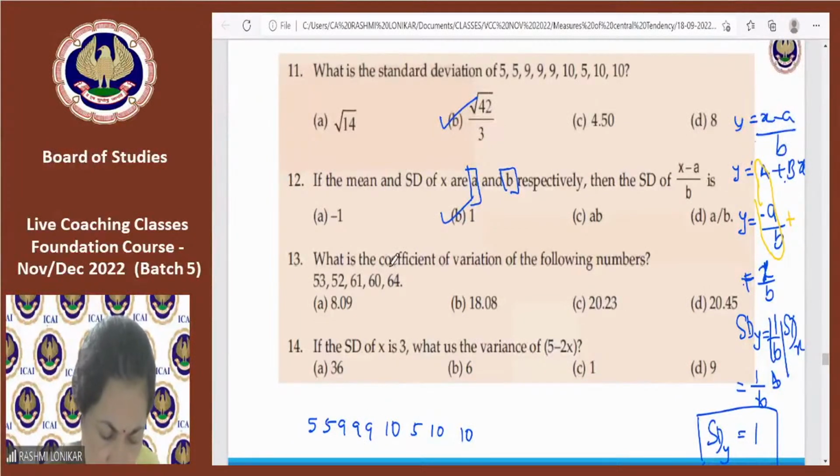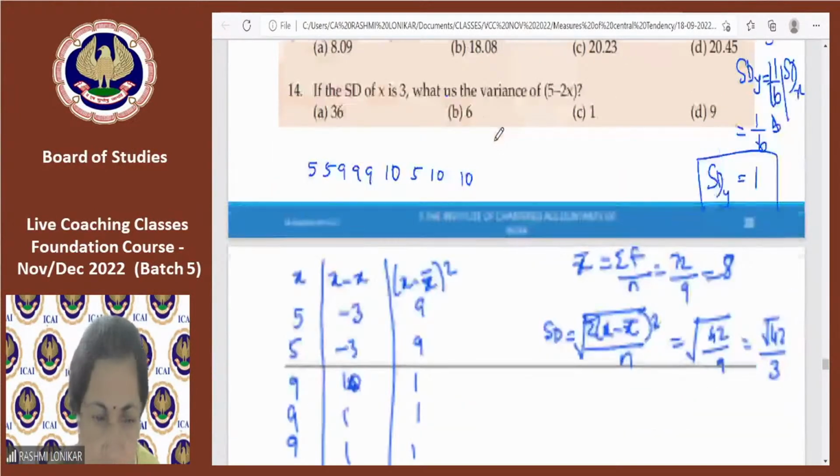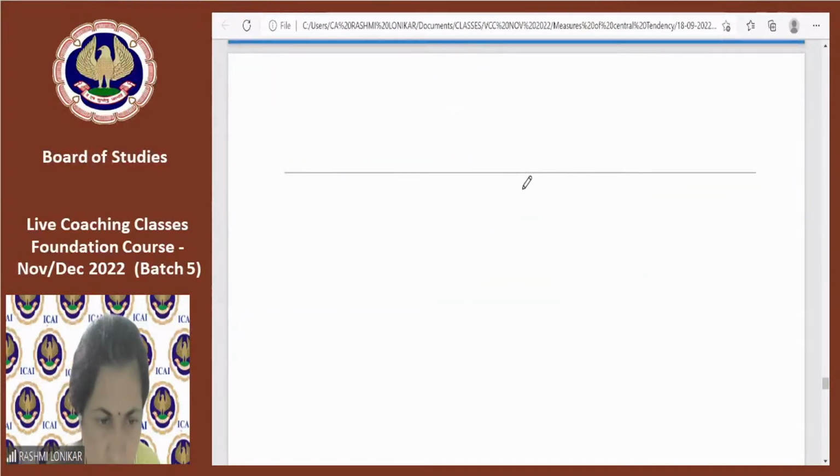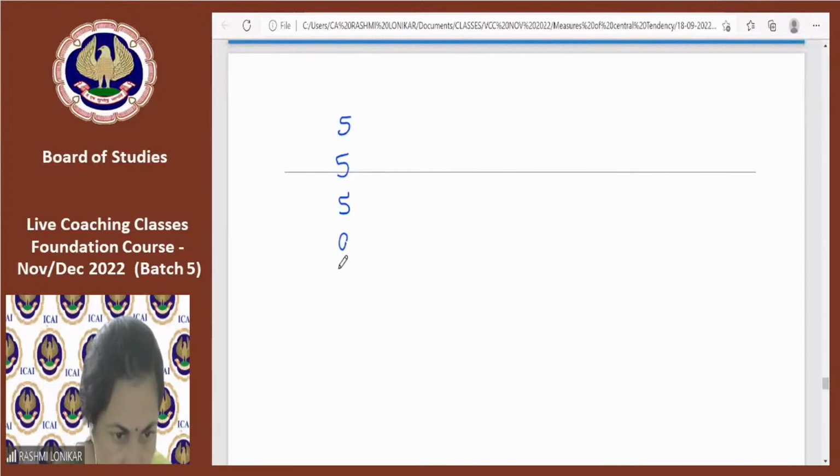Diksha, which second formula? Okay, standard deviation second formula. Okay, let us do that. There are 3 5s, 3 9s, and 3 10s. So I have 5, 5, 5, 9, 9, 9, 10, 10, 10. This is the sum we are doing.